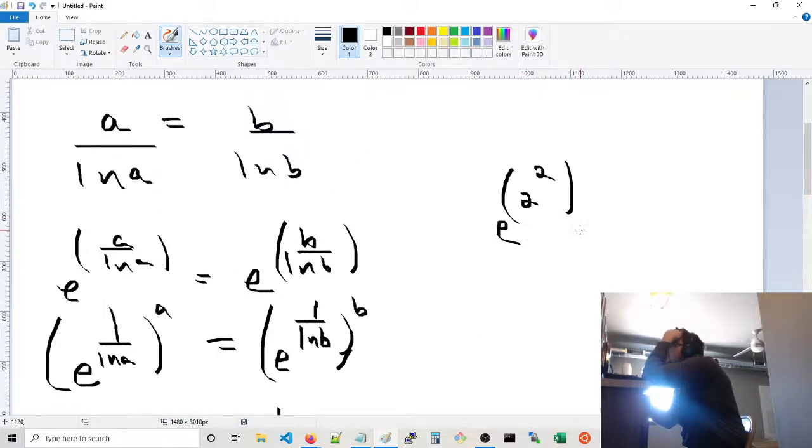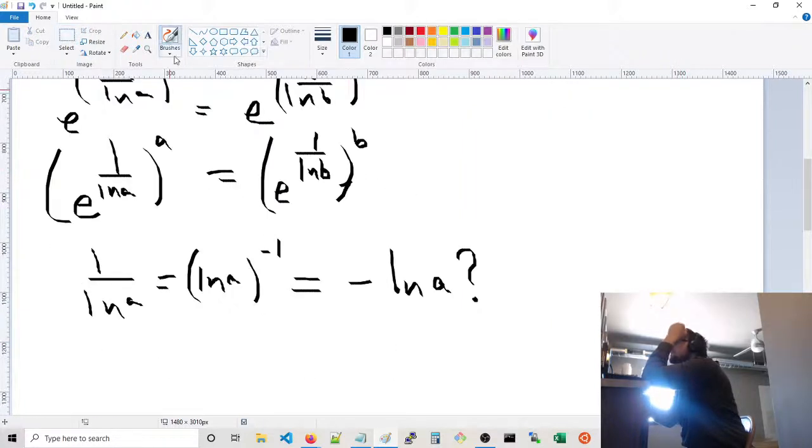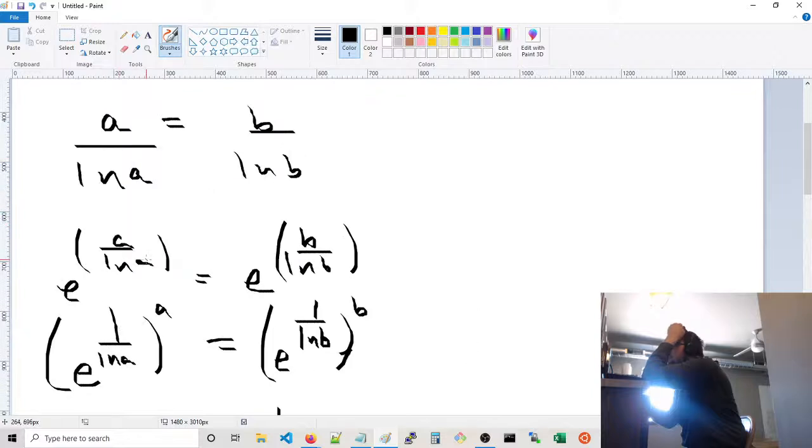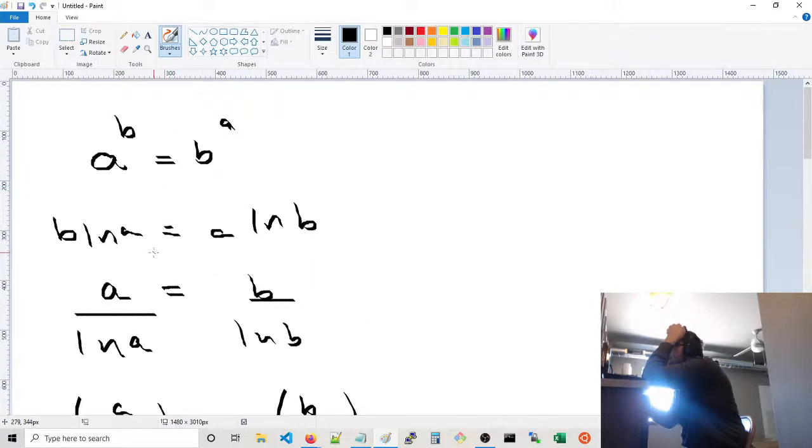That's not the same thing as e squared squared, because that would be e to 2 times 2, not e exponentiated. What I'd like to do is something clever with 1 over the natural log of A. However, it's looking like we can't do that.